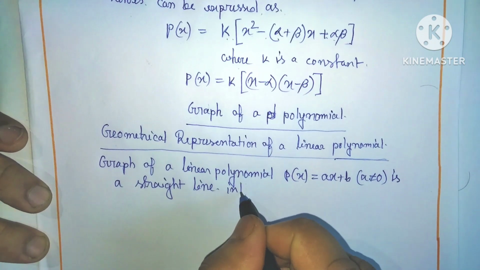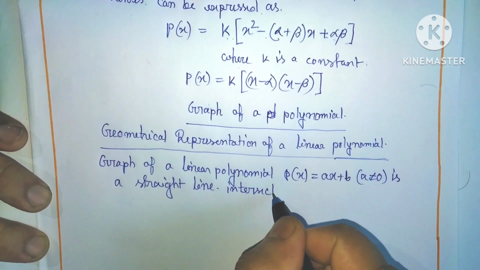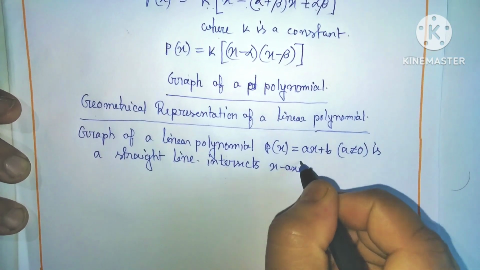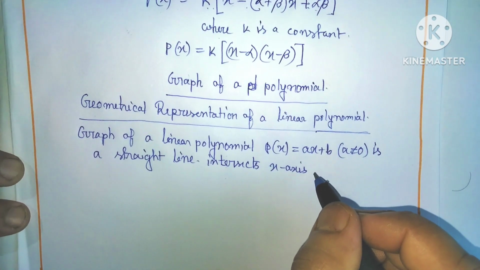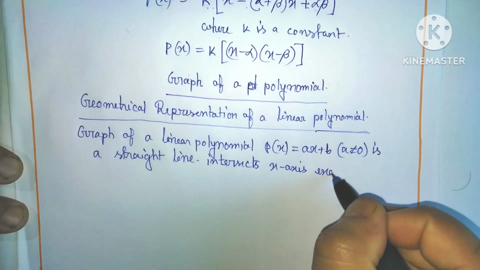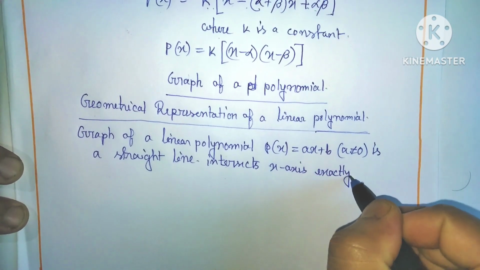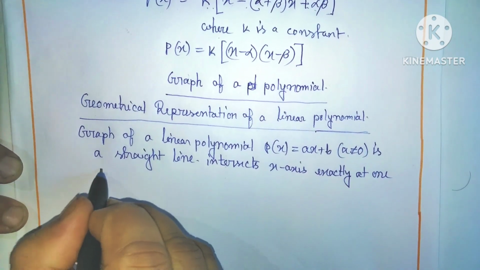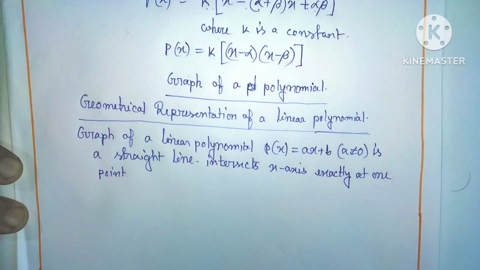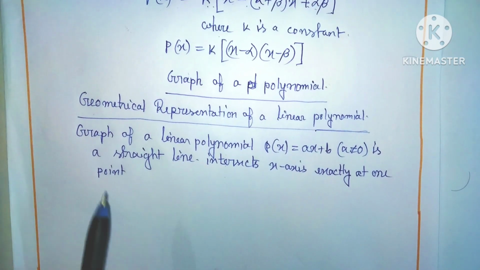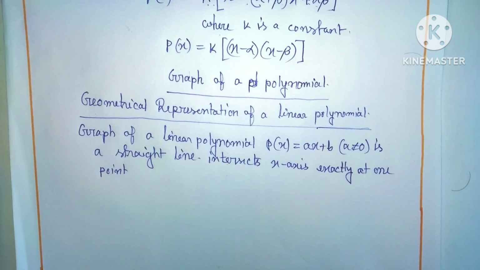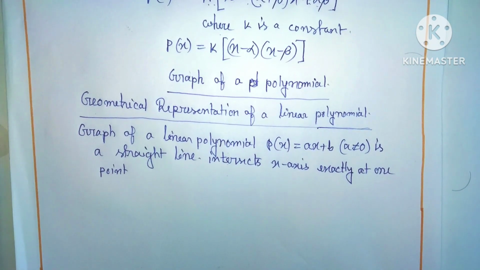It intersects the x-axis at exactly one point. So a linear polynomial has only one zero.